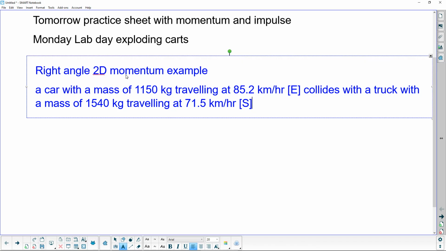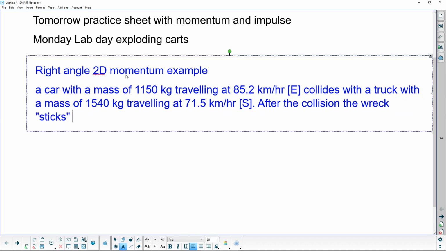Okay, after the collision, so that's the before part. After the collision, the wreck sticks together, we'll say. Okay.